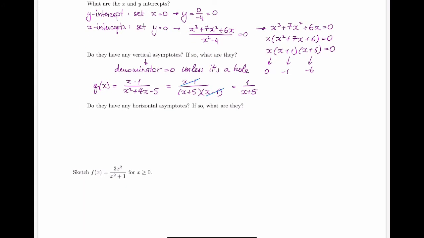The next question asks, do any of these have horizontal asymptotes? And if so, what are they? Horizontal asymptotes describe what happens to a function for large values of x, right? So let me just make a quick sketch here. Let's say that I have a horizontal asymptote at some value, let's say this is 3.